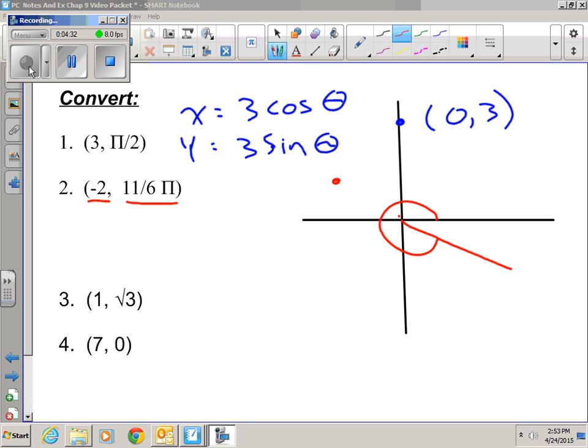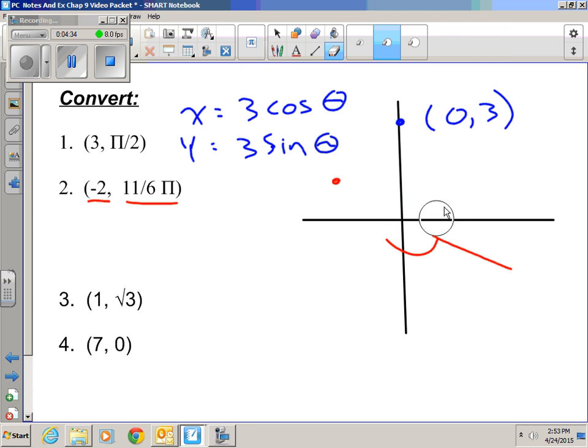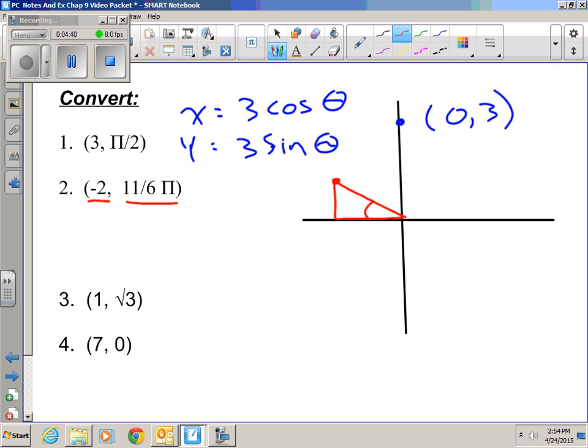If I think about what that point looks like in rectangular, if I think about this triangle right here, this angle is 30, this distance is 2, so therefore this is 1, and this is negative root 3. So this ordered pair in rectangular is going to be negative root 3 comma 1.